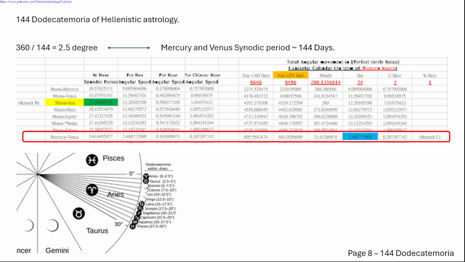But if you get used to how the mechanism of astrology works with the use of synodic periods, then it may tell you some important things about how Mercury and Venus can form this dodecatemoria.